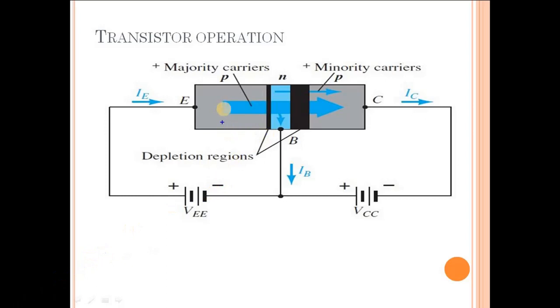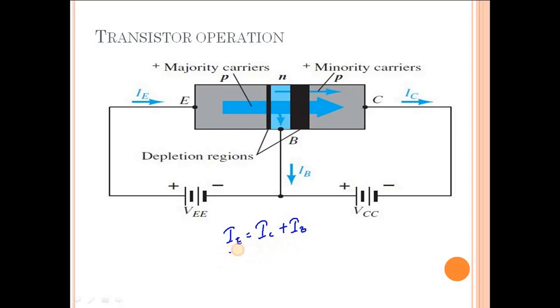Taking the entire BJT package as a single node and considering the branch currents IE, IB and IC at this node, I can write by Kirchhoff's law that IE is equal to the sum of the collector current and the base terminal current.